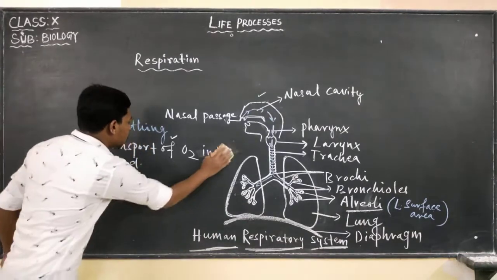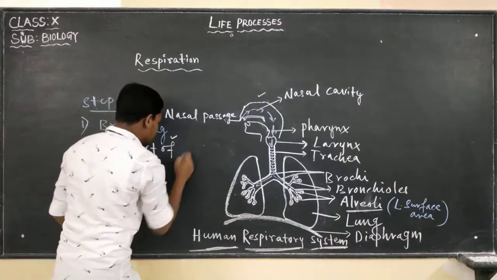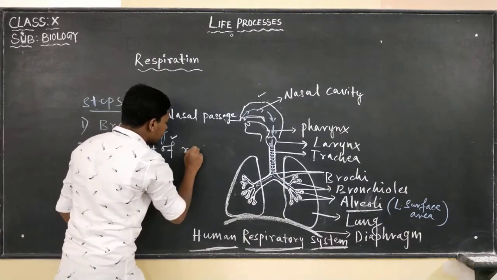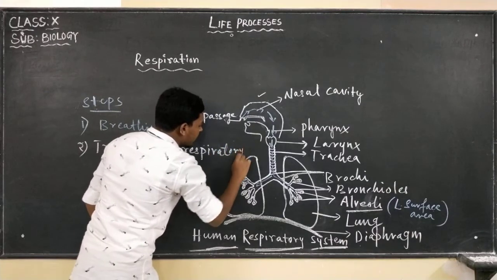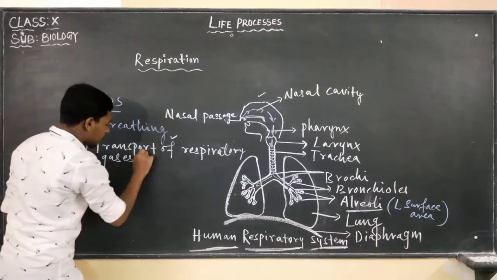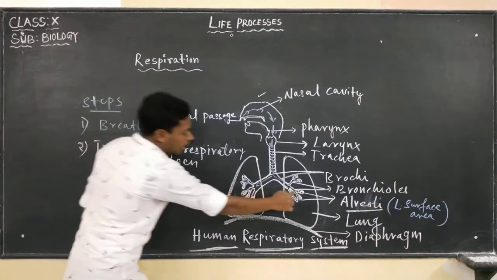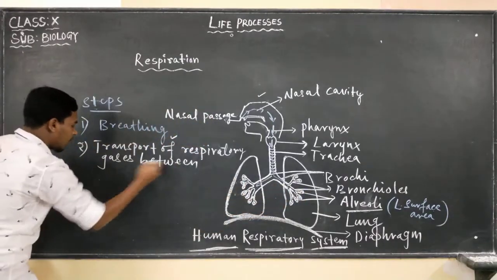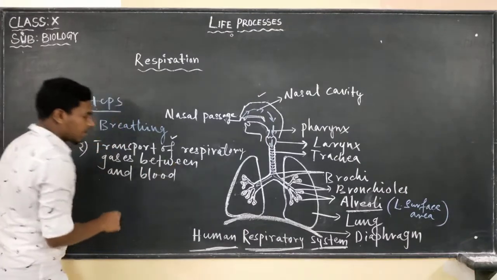So transport of respiratory gases between alveoli and blood is the second step.